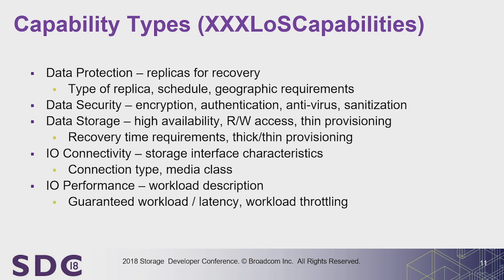And then connectivity, you get to things like I/O connectivity. This is where you basically put your storage interface characteristics, so this is the connection type, the media class. So you can see how we've broken out different potential capabilities of the system into these different areas.